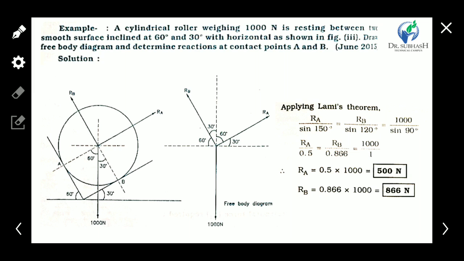First comparing this ratio with RB, we get the value of RB, and comparing this ratio with the other ratio, we get the value of RA. So the RA and RB values are 500 Newton and 866 Newton. So this is the application of Lami's theorem, where three forces apply onto the same particle. Then we apply Lami's theorem and find any one of these three forces, if we know the angles between them.